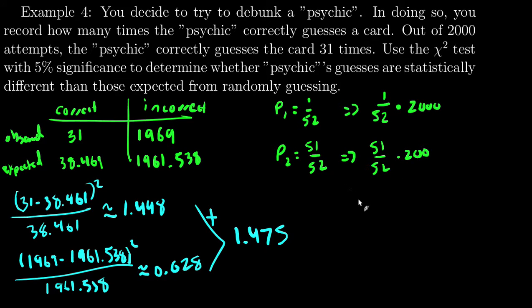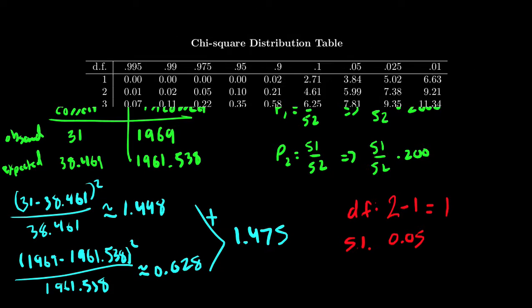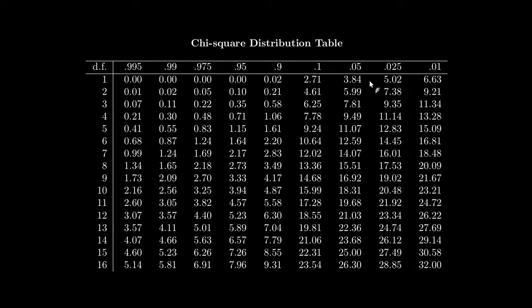So chi-squared, we have two possible outcomes, correct or incorrect. 2 minus 1 means that there's 1 degree of freedom. The significance level is 5%, so I look for 0.05 on the chart. So 1 degree of freedom, 0.05, critical value is 3.84.